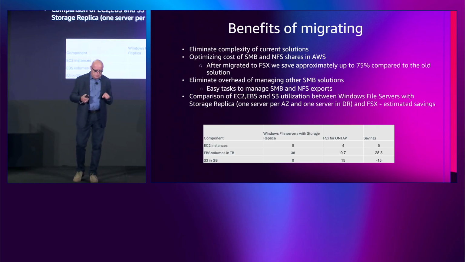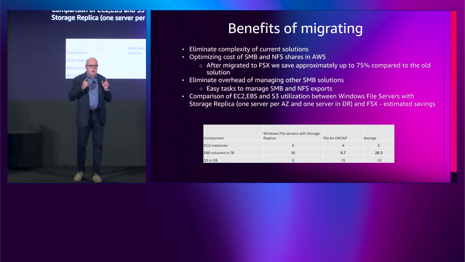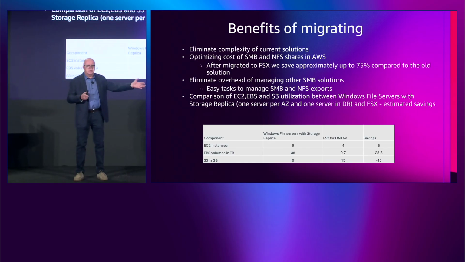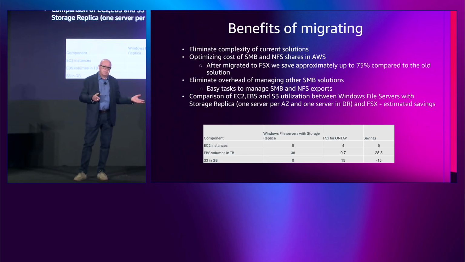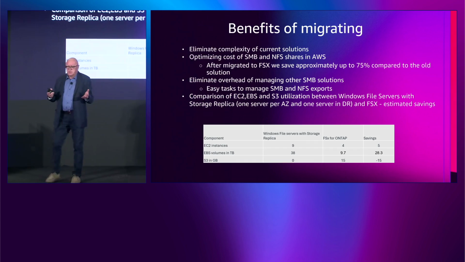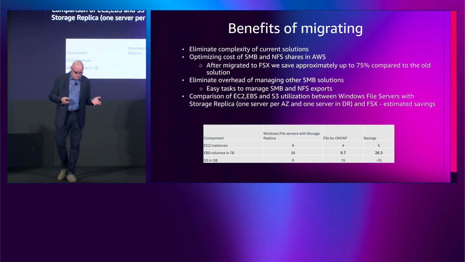Then EBS volumes. Remember, one thing with FSx is that it's thin provisioning. On EBS volumes, you have thick provisioning. So if you have any solution with thick provisioning, you are paying a lot of money, not for the utilization of the storage, but for the provisioned storage.